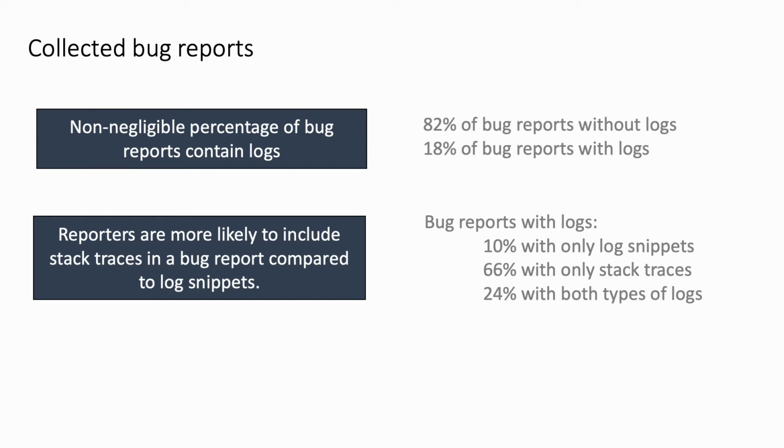In addition, reporters are more likely to include stack traces in a bug report compared to log snippets. We find that 10% of the bug reports with log have only log snippets compared to 66% that have only stack traces, with the remaining 24% having both types of log.